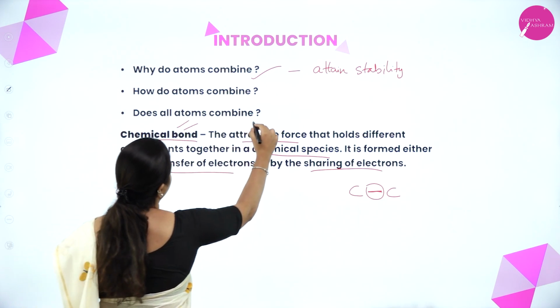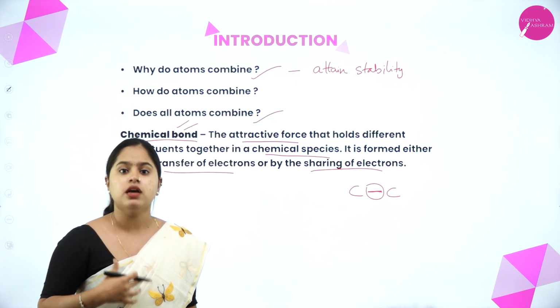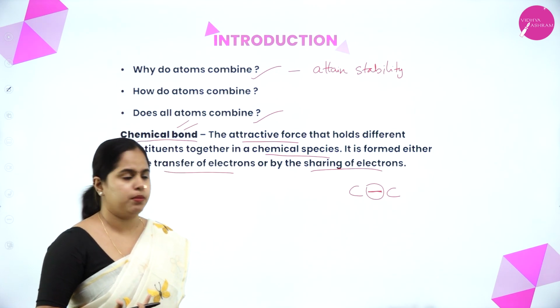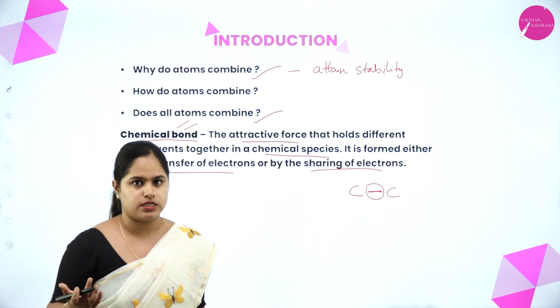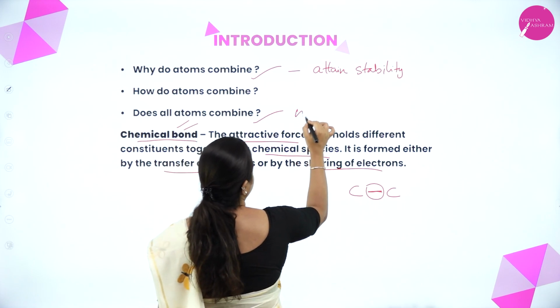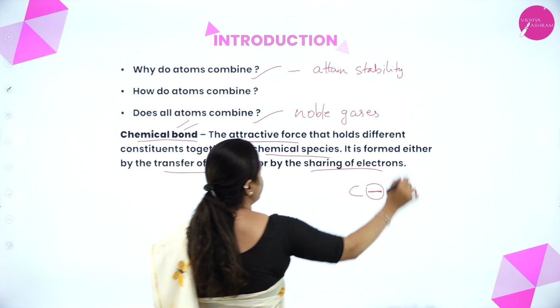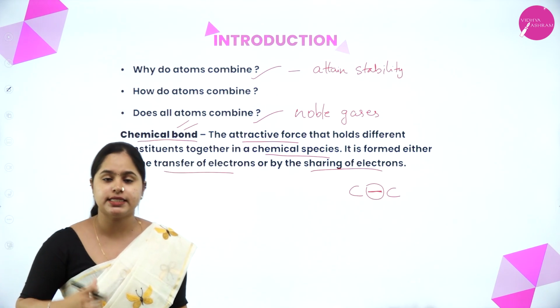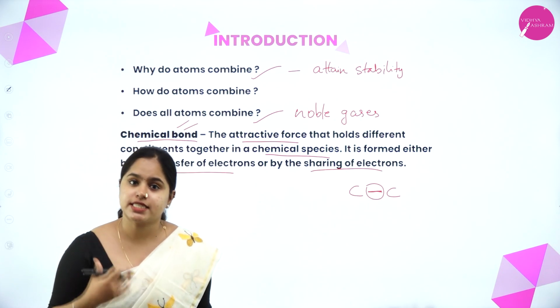Now, do all atoms combine? That is another question. We understood that atoms do combine, why they combine and how they combine, by forming chemical bonds. Now, do all the atoms that are present combine? About this, we have studied noble gases, right? What was the speciality of noble gases? They belong to the 18th group. They are stable, right?